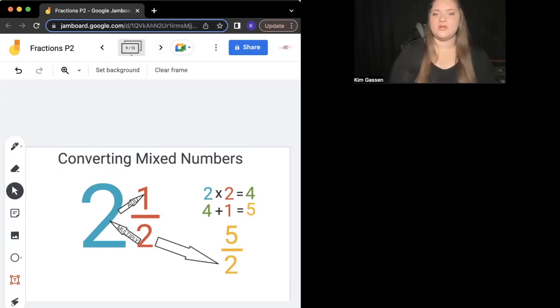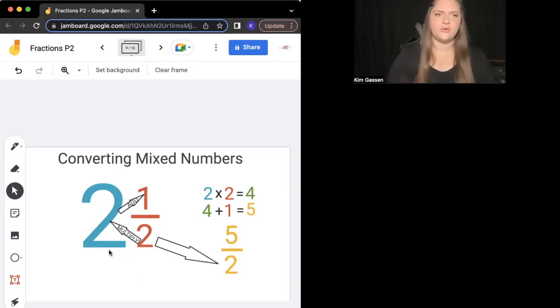So let's say we want to turn 2 1/2 into, first of all, is this proper or improper? This is proper. Is this a mixed number? Yes. So we're going to turn this mixed number that is a proper fraction into an improper fraction.